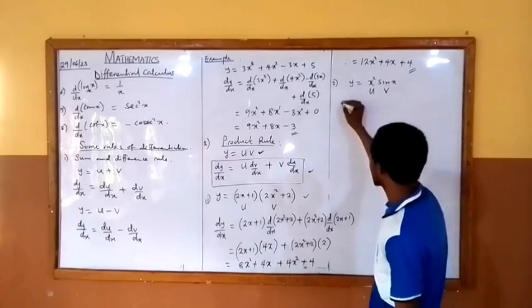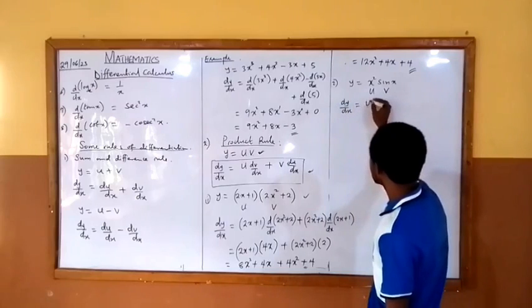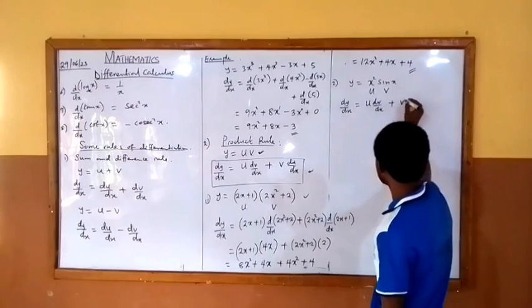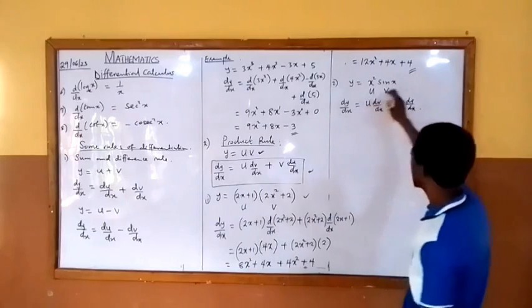Don't forget from the formula that dy/dx will give us u dv/dx plus v du/dx. So we have labeled our u and we have labeled our v.